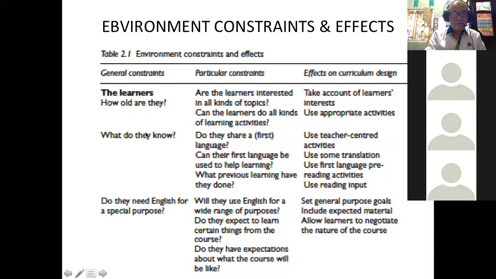So you choose the second one, the third one, and the fourth one, or maybe you want to choose only two. That's okay, but at least you choose two in each of these factors.